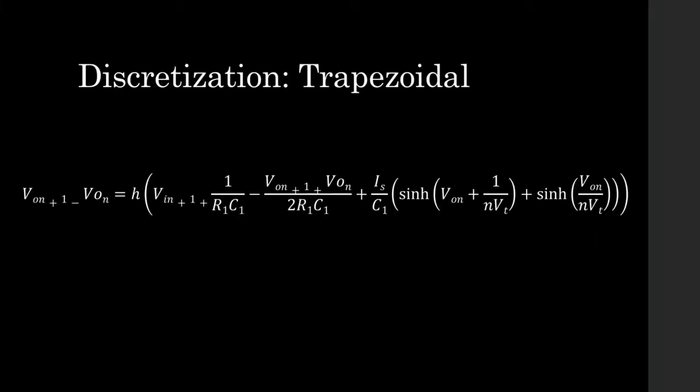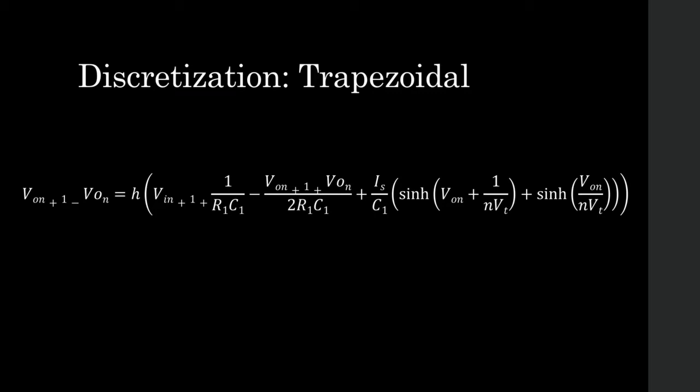Usually people use a trapezoidal discretization of that derivative, and you end up with that horrible equation. And that's just for a simple circuit. When you have lots of different wave shapers, capacitors, everything together, it starts being quite hairy, and that costs a lot of time when you try to optimize.